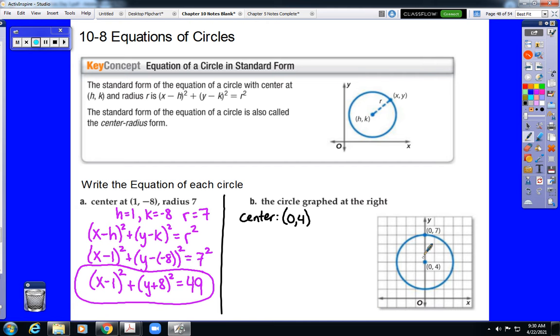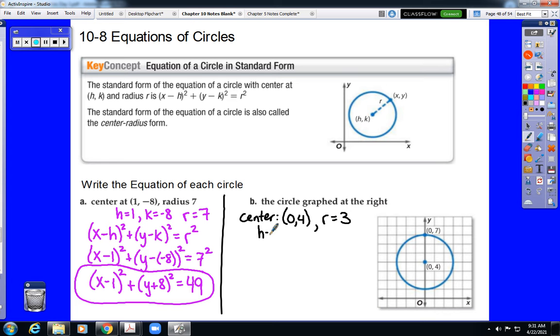Well, the radius is the distance between the center and any point on the circle. And whether we go up, down, left, or right, we should be able to count that length and notice that it's the same in all directions. The radius is 3 units.